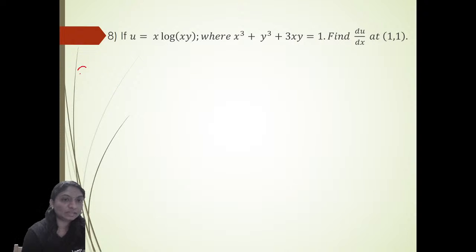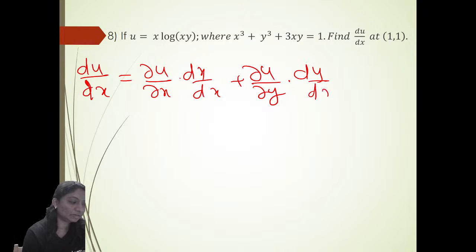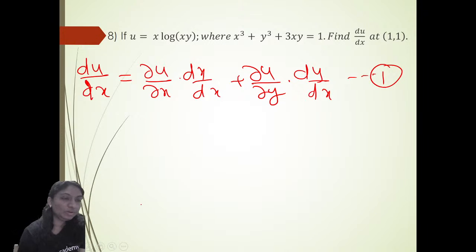So du/dx, we will use the chain rule: ∂u/∂x into dx/dx plus ∂u/∂y into dy/dx. All this is equation number 1. So u is given as x into log xy.